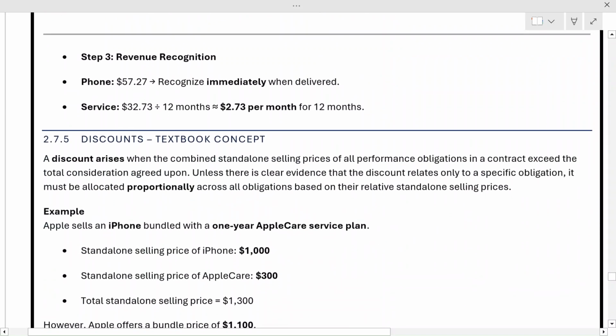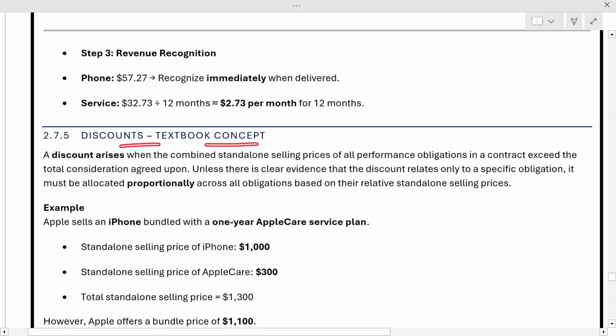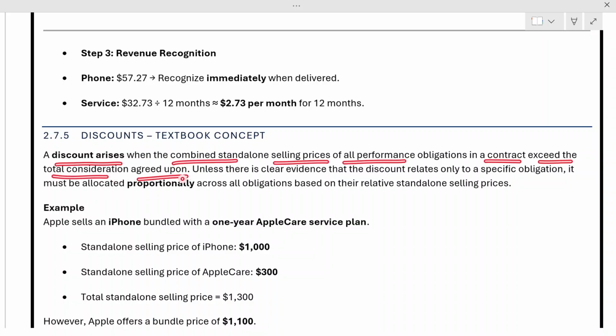Now let's see the textbook concept for this. The textbook simply says that a discount arises when the combined standalone prices of all performance obligations in a contract exceed the total consideration agreed upon. So here in our case, standalone prices total was 110, however the bundle was being sold for $90, so there is a discount.